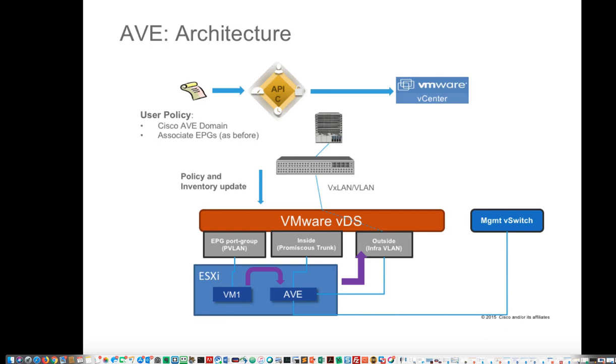The inside interface is a promiscuous trunk, and the port groups on the VMware DVS is where the VMs connect to, and those port groups are then connected through the DVS switch to the inside interface, and that inside interface connects to the AVE, and then the outside interface goes to the infra VLAN.